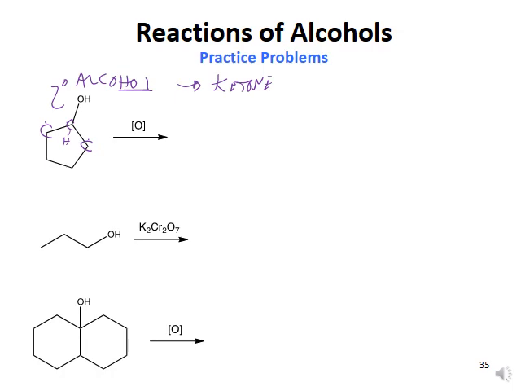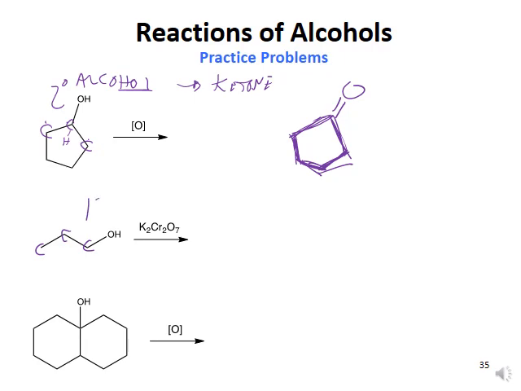We get rid of a CH and we make a CO. We make a ketone.